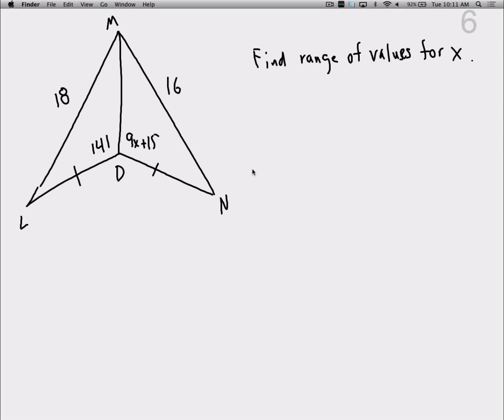LDM is bigger. So that gives us an inequality statement. What is that inequality statement? The measure of angle LMD is greater than the measure of angle NMD.